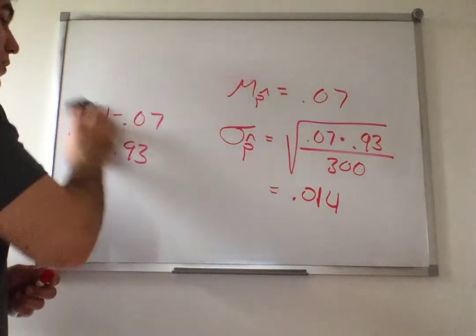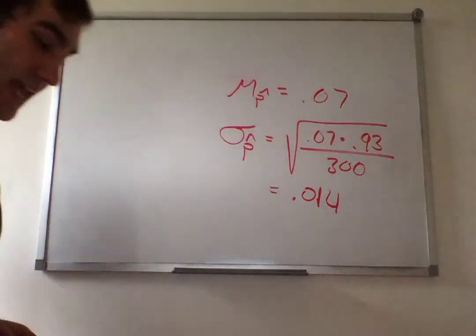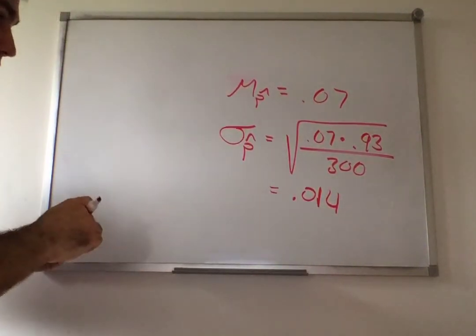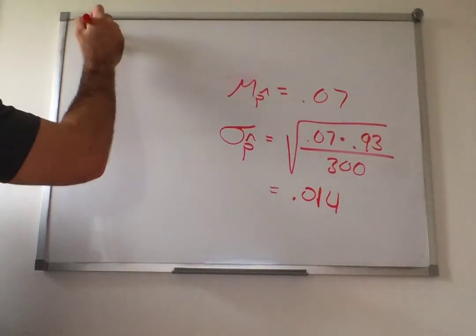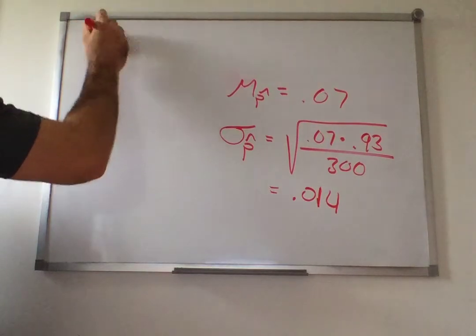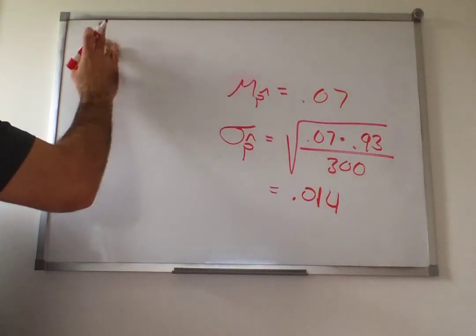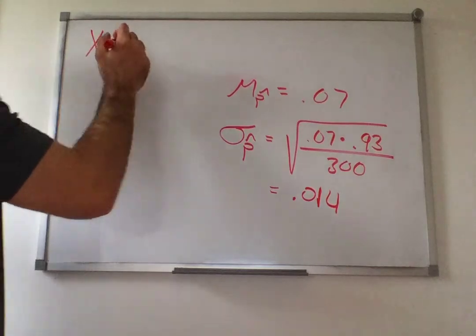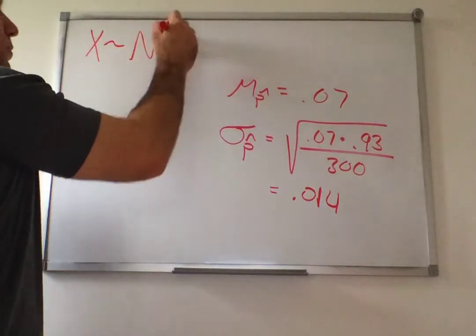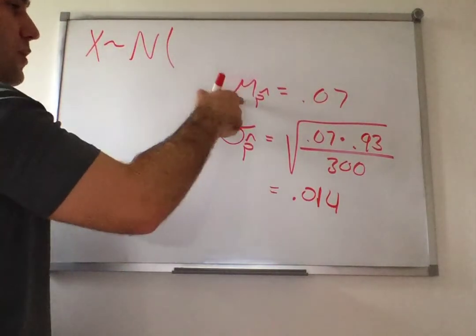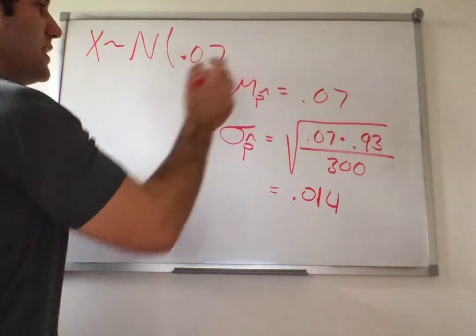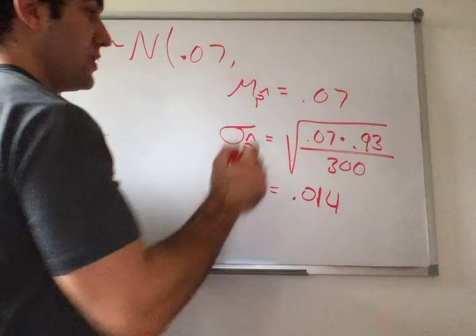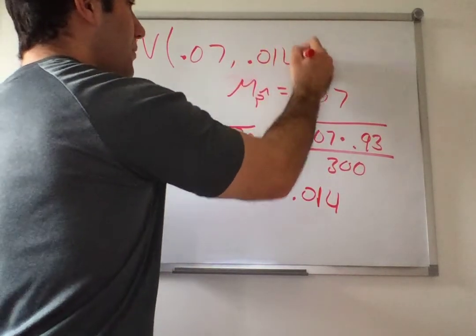So now what we can say is that our random variable x is approximately normal with proportion, this is our mean, 0.07, comma, here's our standard deviation, 0.014.